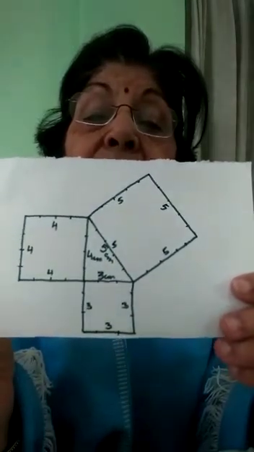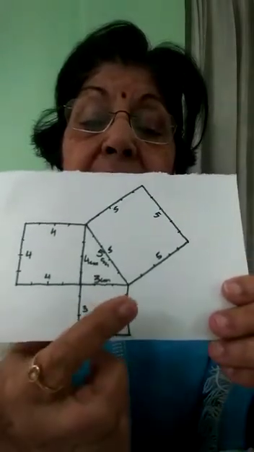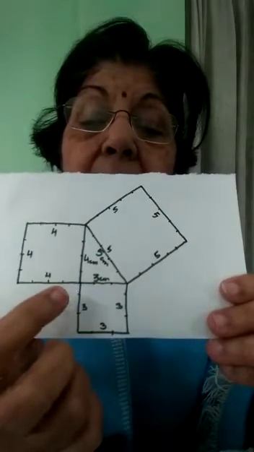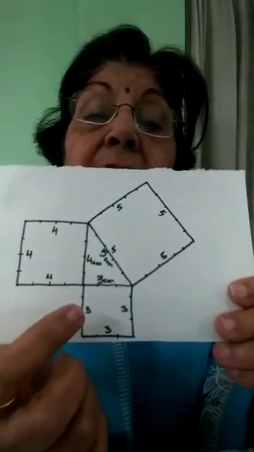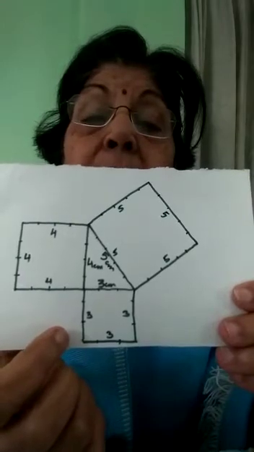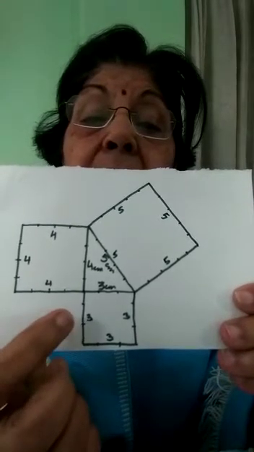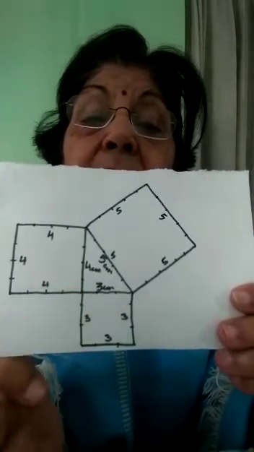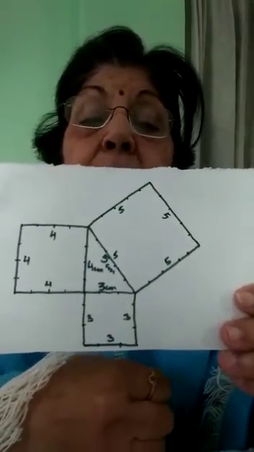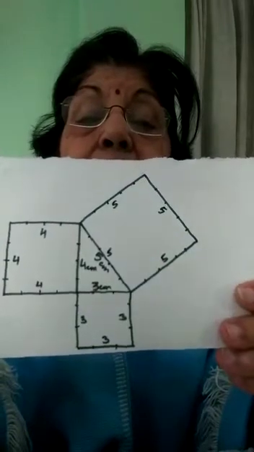Also, I have divided the lines. Can you see the dots on the lines? The 3 centimeter side, I have divided it into 3 parts. Each part is 1 centimeter. Similarly, the 4 centimeter side also I have divided into 4 parts, each part being 1 centimeter.